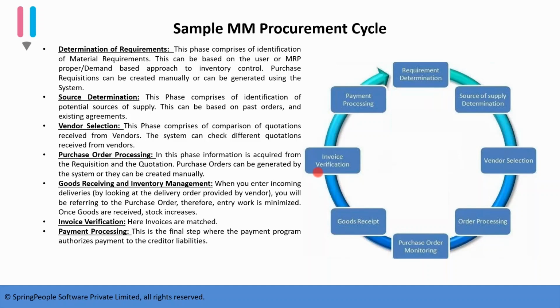If there is any mismatch, then based on the system settings, the system will behave. So this process of creating an invoice in the system is called an invoice receipt or an invoice verification.